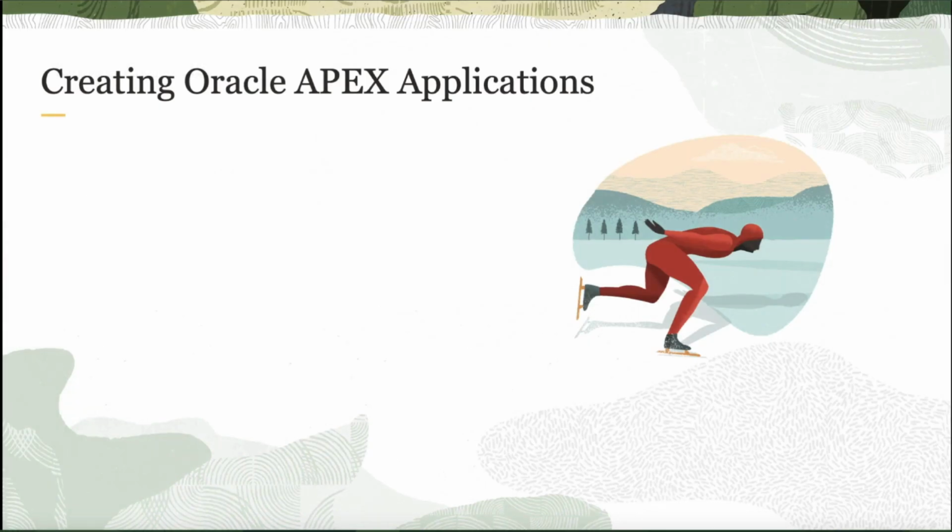We already learned that a database application, also known as an Apex application or simply an Apex app, is a collection of pages linked together using navigation menus, tabs, buttons, or hypertext links. Application pages share a common session state and authentication.